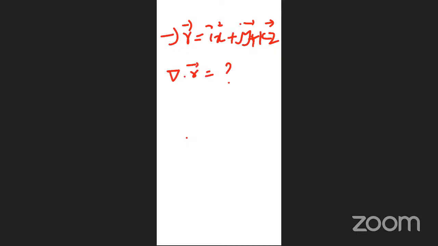So del means divergence. First we can write what del is: i ∂/∂x plus j ∂/∂y plus k ∂/∂z.